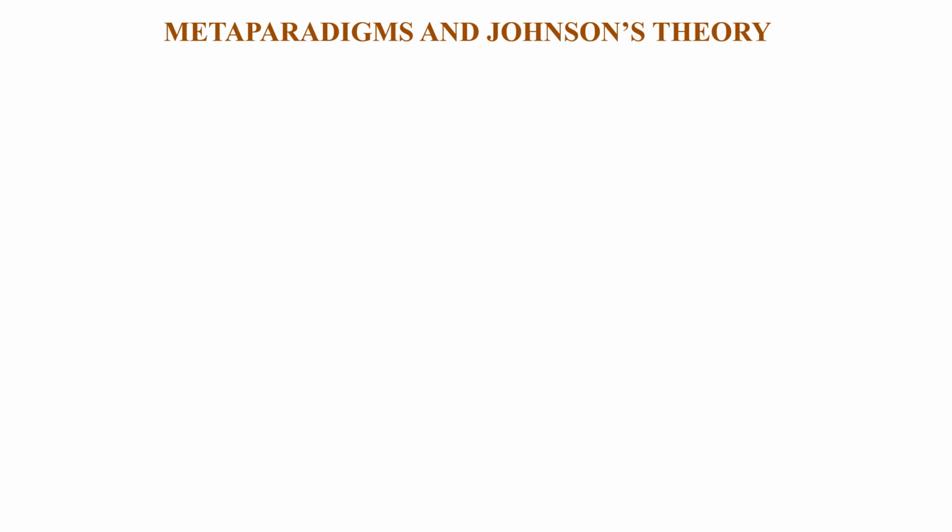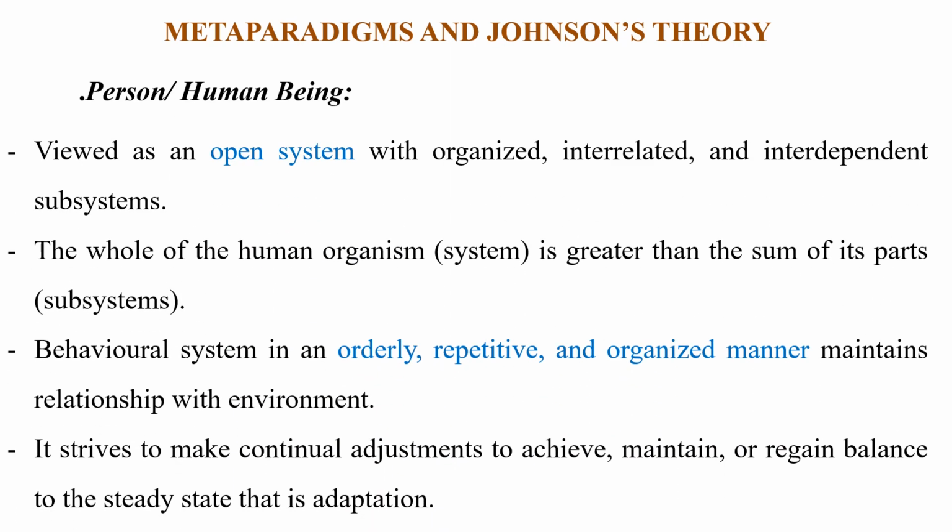Meta-paradigms and Johnson's theory. The first meta-paradigm is the person or human being, viewed as an open system with organized, interrelated and interdependent subsystems. The whole of the human organism is greater than the sum of its parts.